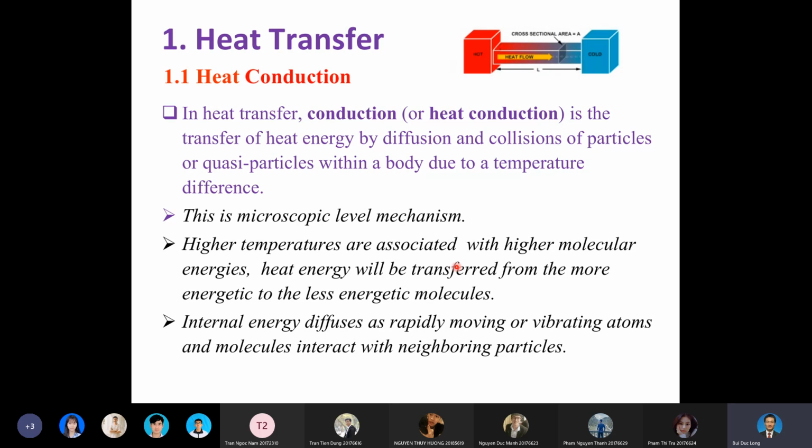After receiving energy, the neighbor becomes more excited and vibrates at a higher frequency, and it will collide with the next neighbor. So the energy is transferred from the hot side to the cold side. This is the mechanism of heat transfer, so please take note.